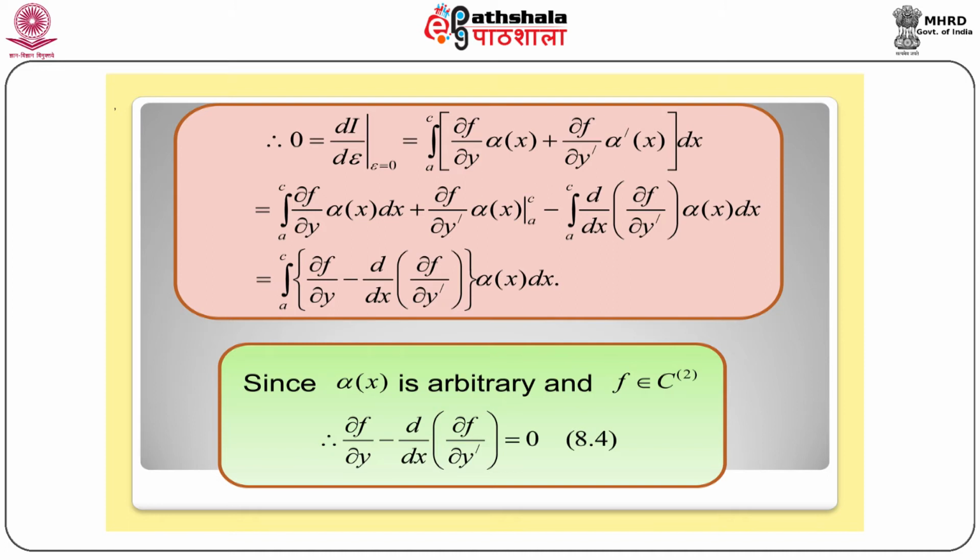Since alpha x is arbitrary and f belongs to C2, it follows from the fundamental lemma of calculus of variations that this portion vanishes in A to C, that is del del y of f minus ddx of first order partial derivative of f taken with respect to y dash vanishes.